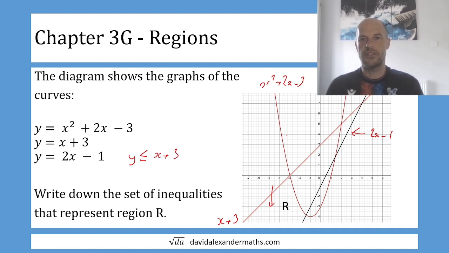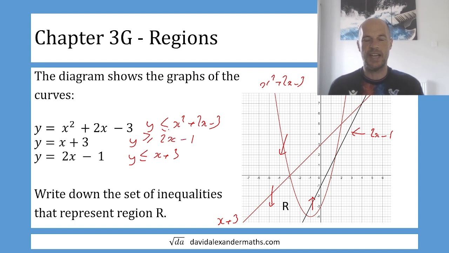It's also underneath the curve. So y is less than or equal to x squared plus 2x take away 3, but it is above the 2x minus 1, so y is greater than or equal to 2x minus 1. And again, all of them are less than or equal to or greater than or equal to, because all of the lines are thick, not dashed.